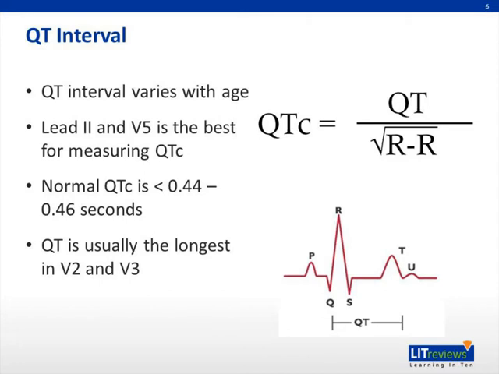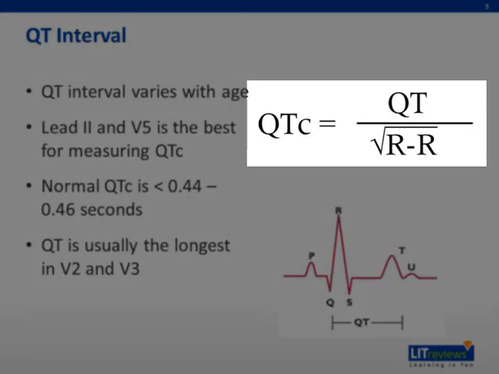To account for increased heart rates in children, the corrected QT interval, or the QTc, is calculated. The formula at the top right of the slide is a formula to calculate the corrected QT interval. The QT interval divided by the square root of the preceding RR interval is called the Bazett formula.